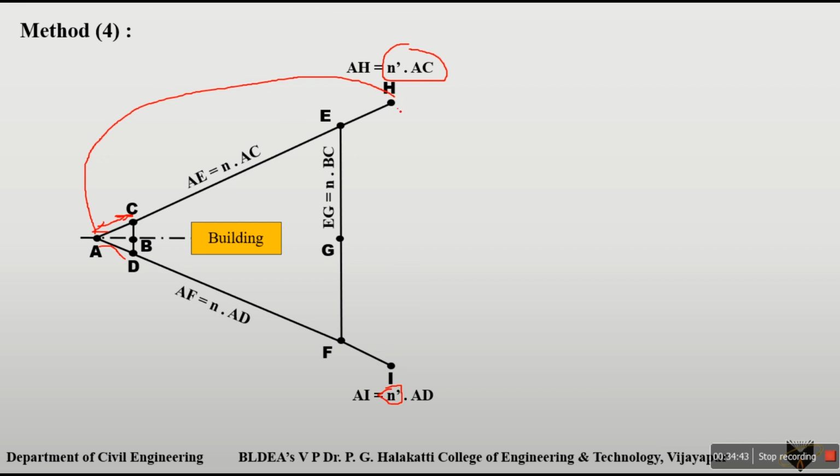Again you join these two points H and I. Then you fix the new point, that is J point. The distance from H to this J point is equal to n dash times BC.